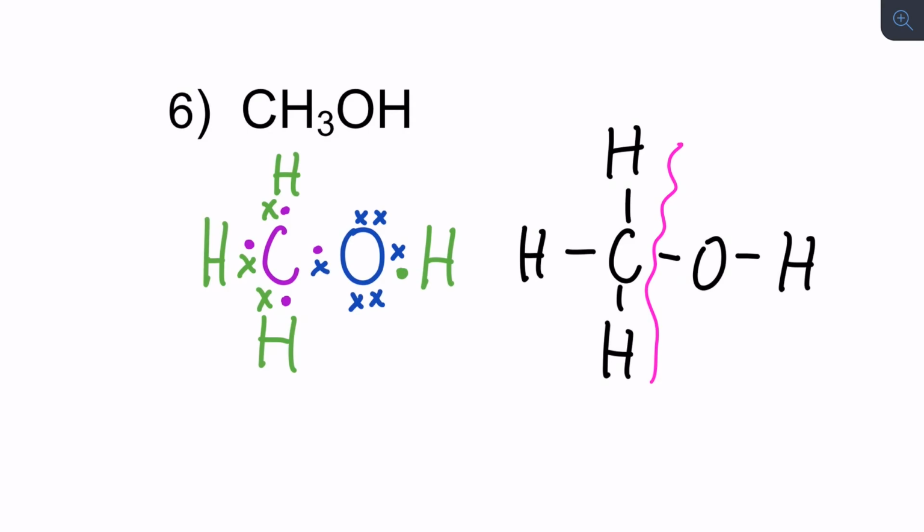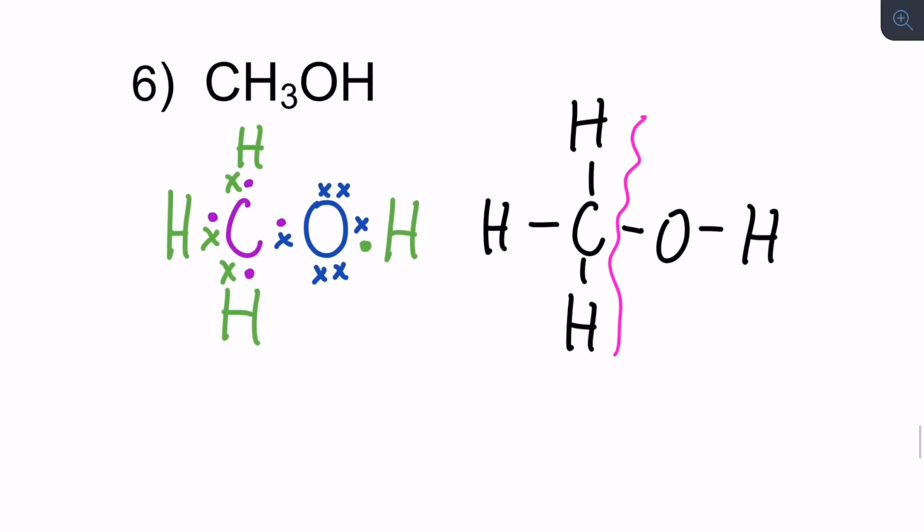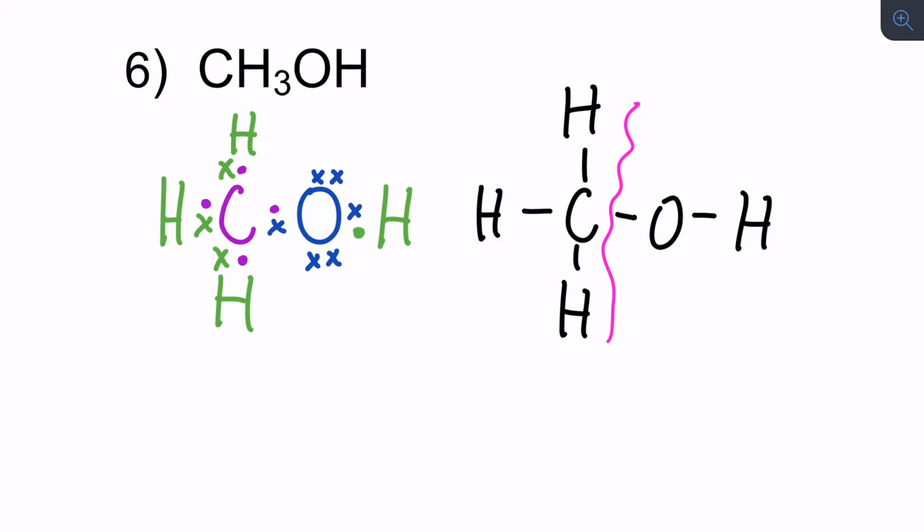So first, we have our methane group. But because we're going to name our methane first, we're going to make that methyl. And the second part of the name, we'll name this part here, and this is a functional group in organic chemistry that is known as alcohol.